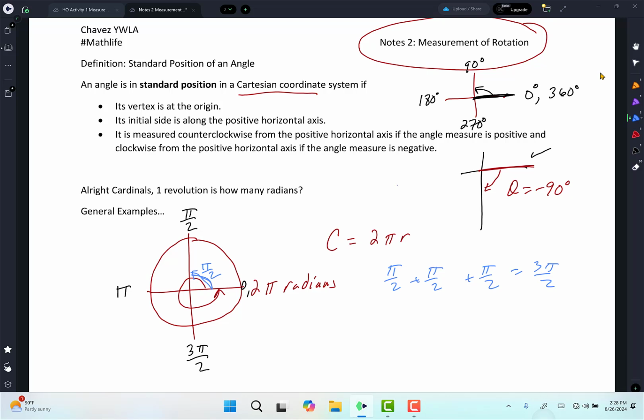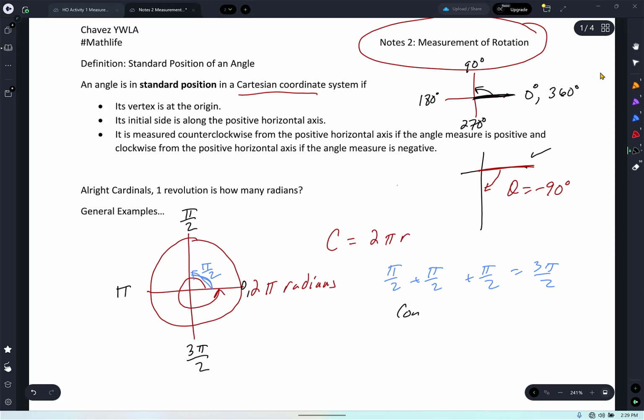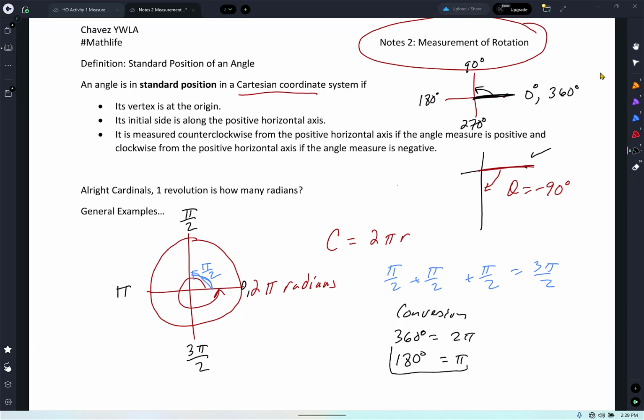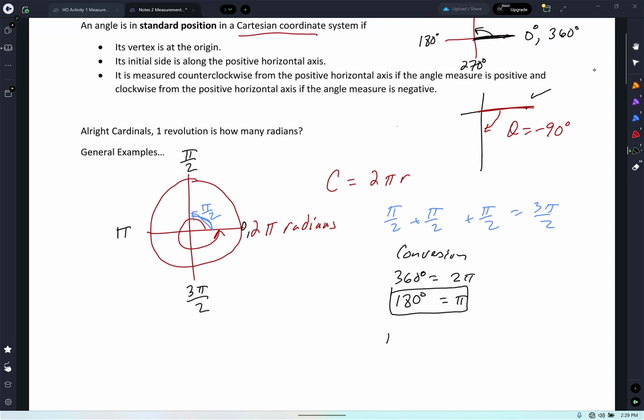Okay, the conversion. What are we going to use for conversion? So we know that 360 degrees is 2 pi radians. And you could use 360 equals 2 pi, but we're going to be using this one because it's easier. So if I want to go from radians to degrees, I take my radian and I multiply it by 180 degrees over pi.